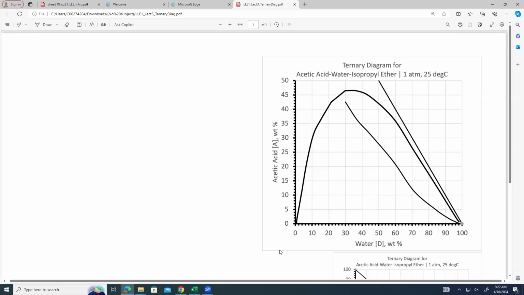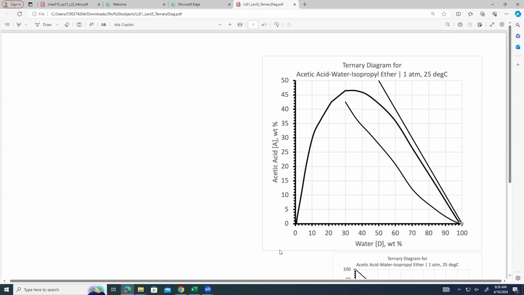So what that means for Y is that we're going to have to use the tie lines. First, we can find the composition of this point. So, check. Yep. On this side of this curve is where it's going to be our extract, the E. On this side is where it's going to be our raffinate.